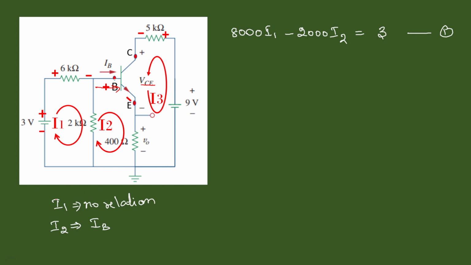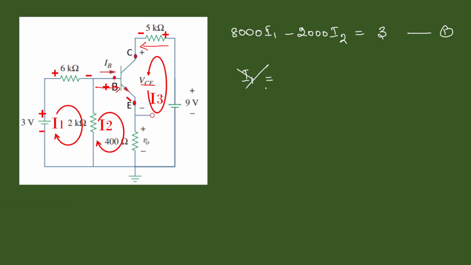Okay, IB. So wherever we come across this I2, it can be replaced by IB. Similarly, this I3 is nothing but this IC current which is flowing here. It is entering here.